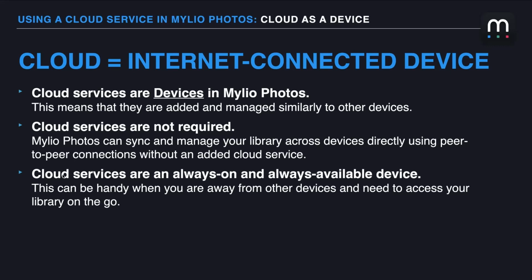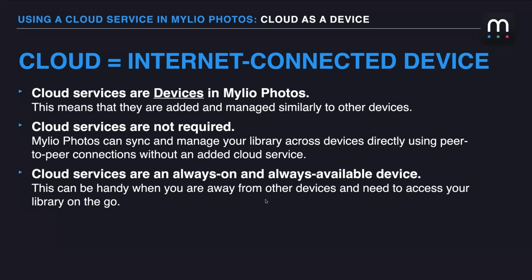And then cloud services are essentially an always on and always available device. So that's what's handy about them. So even if I leave my computer on and Mylio running and I leave the house, if the power goes out at my house, that device is now no longer available. I can't access anything via Mylio on a device that's no longer on.